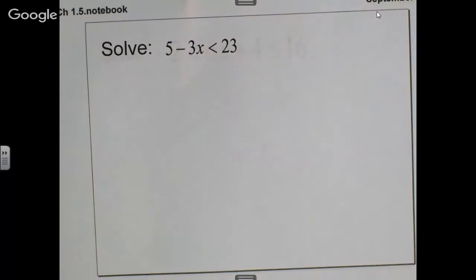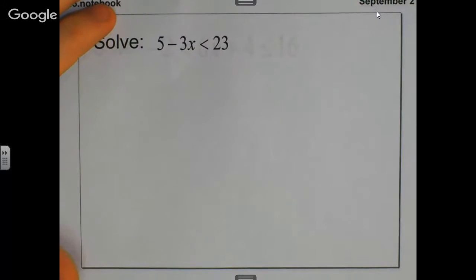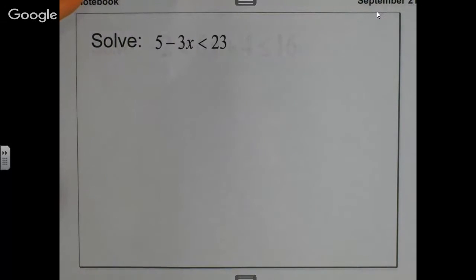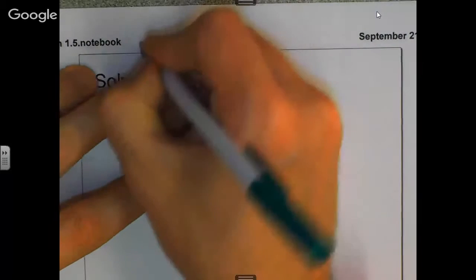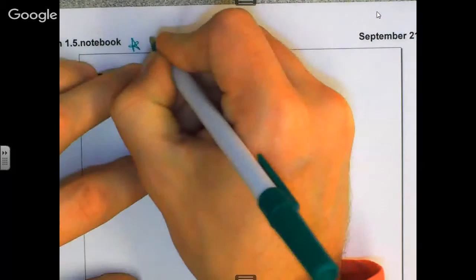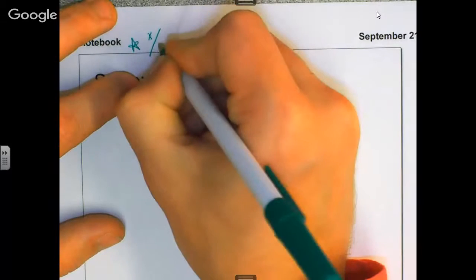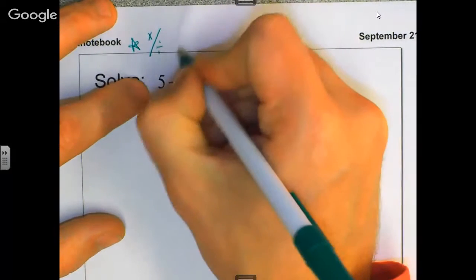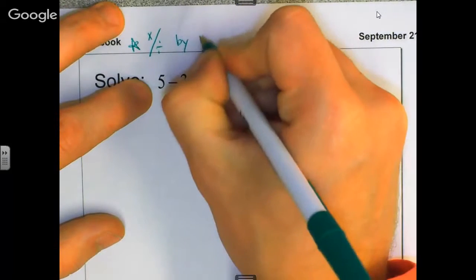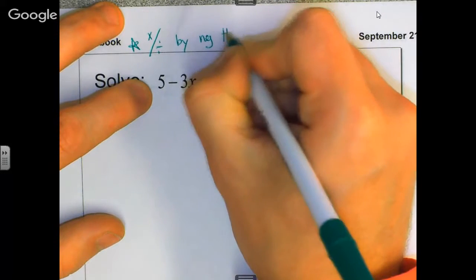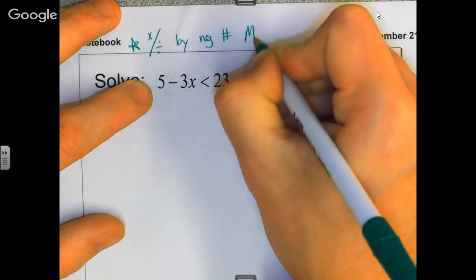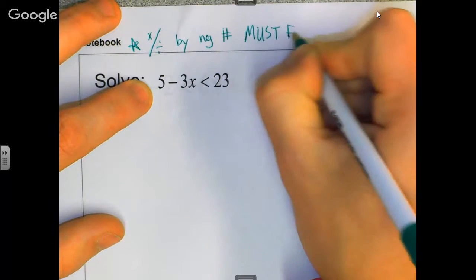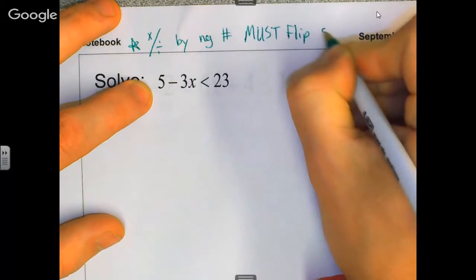Okay, so let's solve some of these. Now, solving inequalities is the same as solving equations except for one thing. Let's note that one thing right up here. When you multiply or divide by a negative number, you must flip the sign.